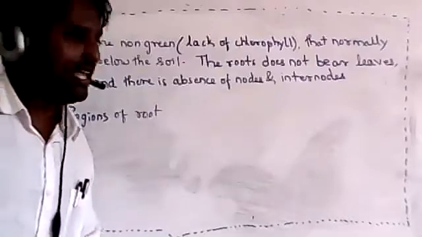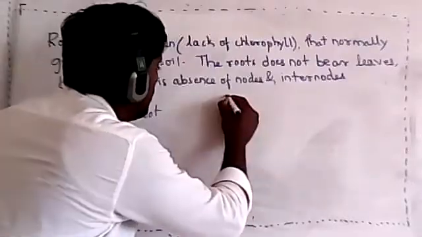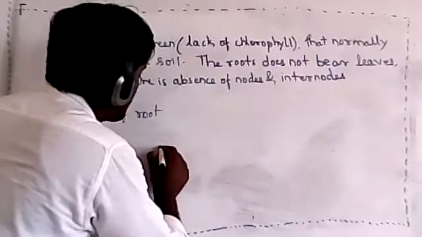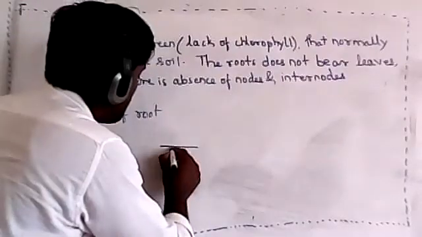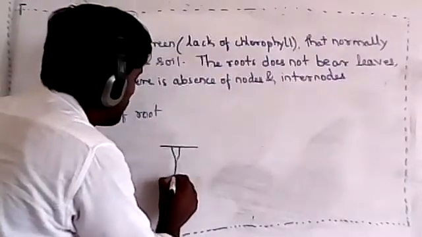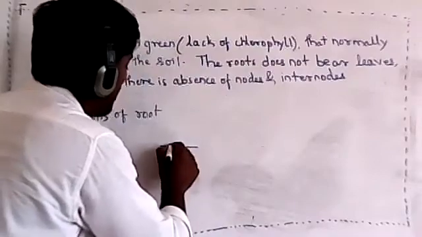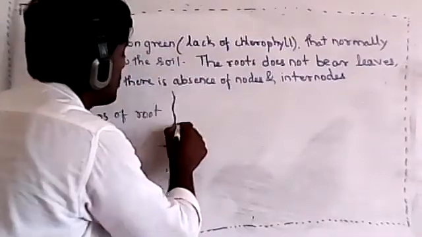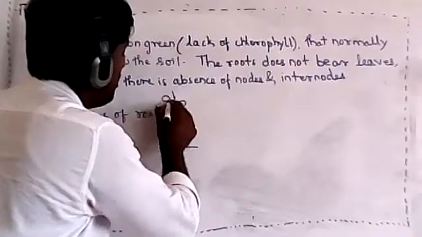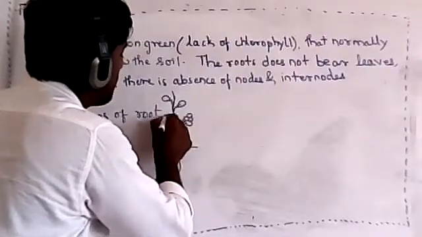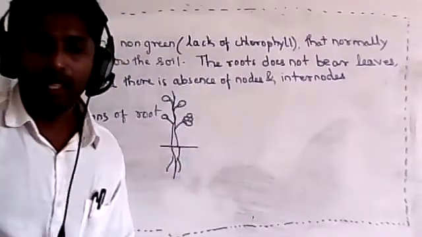Okay, let us take a root. So say for example, this is a plant, and this is the root system, and this is the shoot system, which gives rise to the leaves and the flowers and the fruits. Okay.